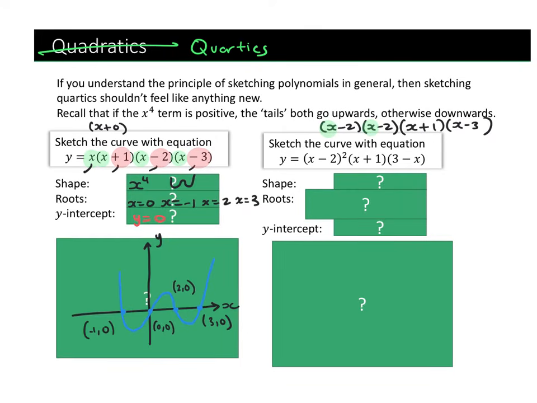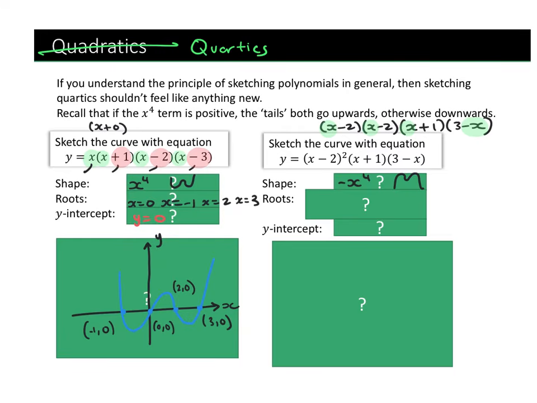Positive times a positive is a positive, times a positive is a positive. Oh, I've written the last question wrong. Wait there. This is 3 minus x, okay. So, positive times a negative. So what shape is it? An M. Negative x to the power of 4, which is going to look like a weird M.